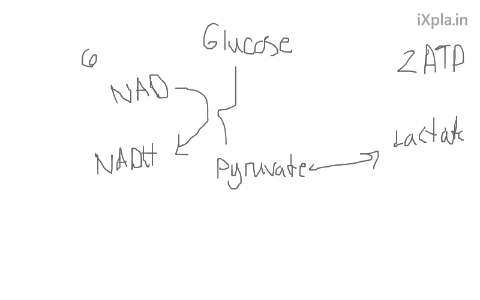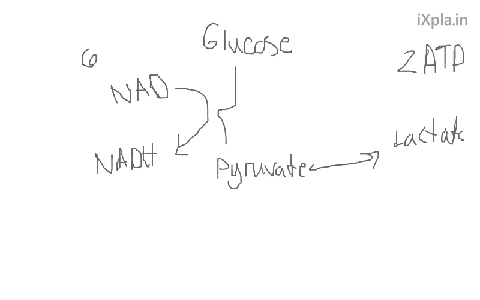So you run glycolysis, you go through 6 times forming pyruvate. Well, now you're out of NAD. If you're out of NAD, you can't continue this cycle because one of these steps requires NAD to form NADH to form pyruvate. So if you're missing one thing, you can't do the next thing.